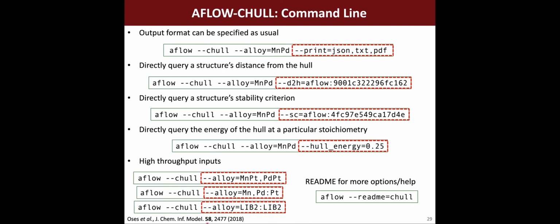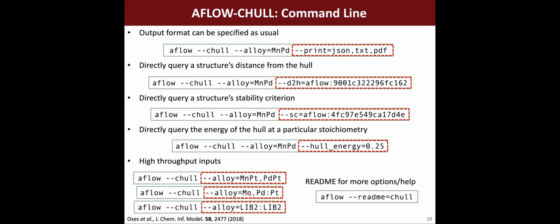There are some high throughput inputs here. If you want the convex hull to run for multiple systems, you can provide a comma separated list. You can also do this very nice specification, which is actually equivalent to the specification at the top. I can do MnPt, PdPt based just on this colon here.